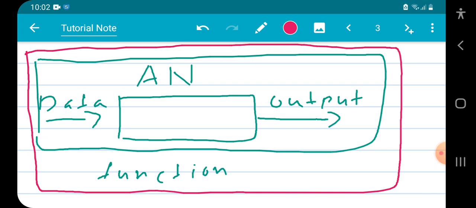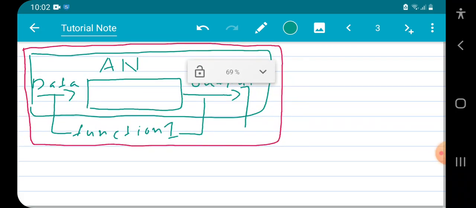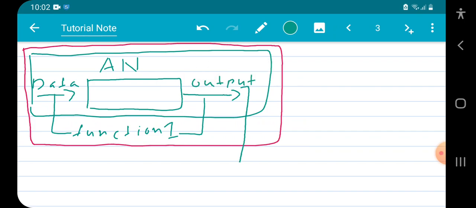So function number one receives the data, processes the information, and gives the output to some other function, number 2. So that is a little overview of what an artificial neuron is.